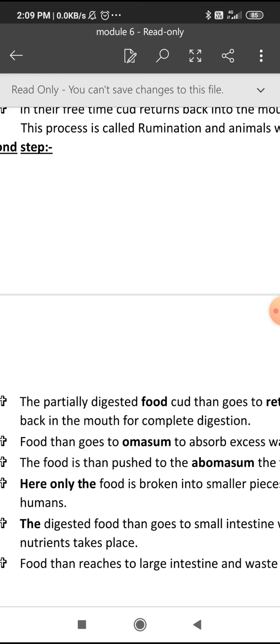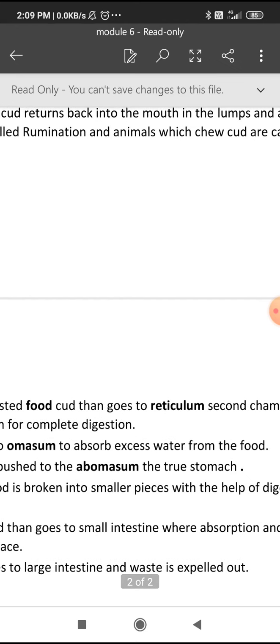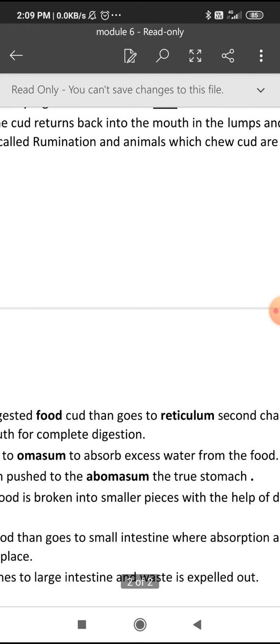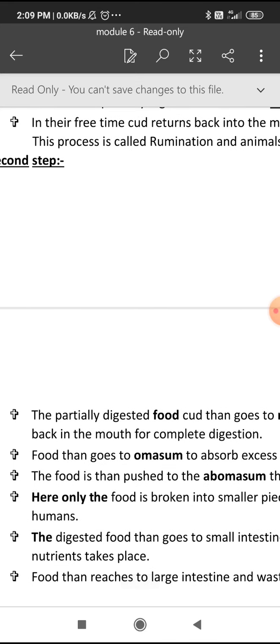Then when the food is digested again in the mouth, it goes to the omasum to absorb the excess water from the food. So the food is then pushed to the abomasum, that is the true stomach. So abomasum acts like a true stomach. All the important functions of absorption and assimilation of the ruminants take place in the abomasum.